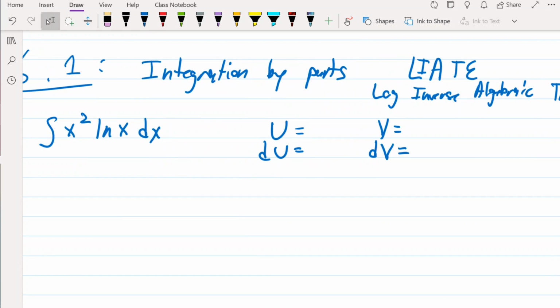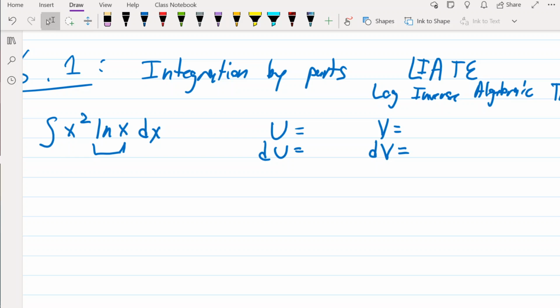So we do have a logarithm right here, which I believe means we will set that for our u, if I remember correctly. Actually, no, we'll set that to the dv... wait one minute.